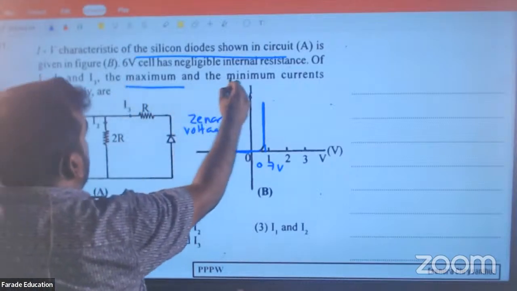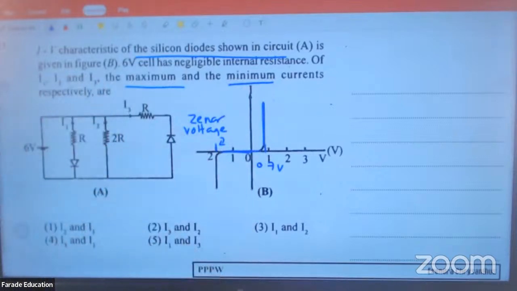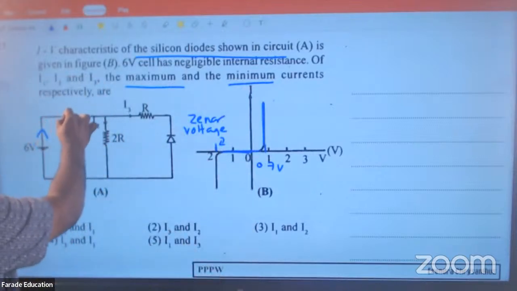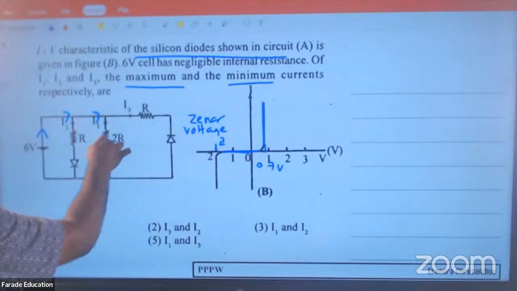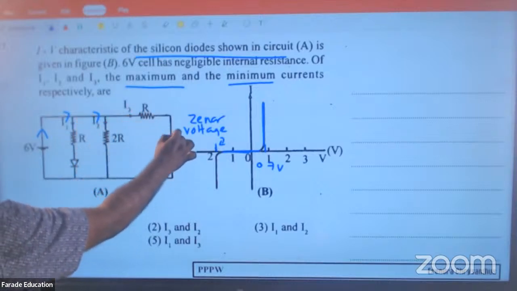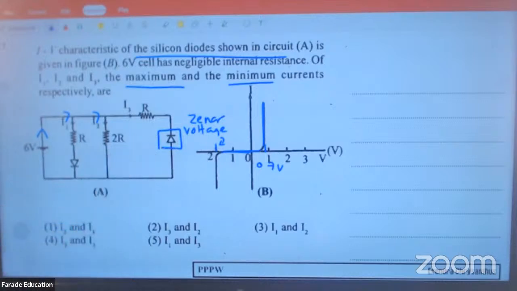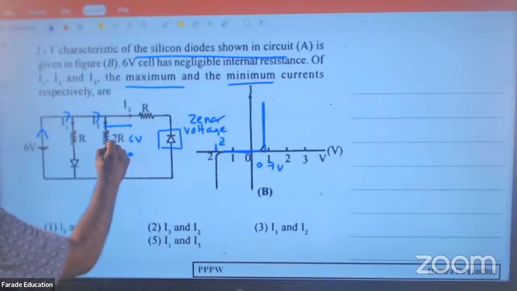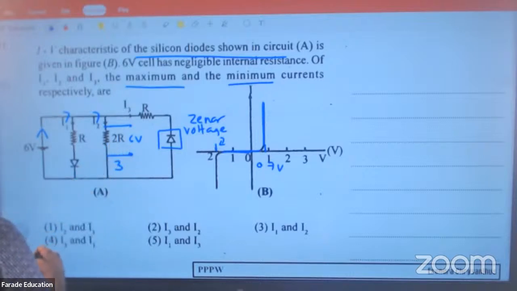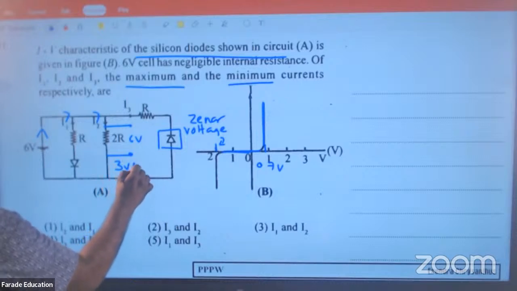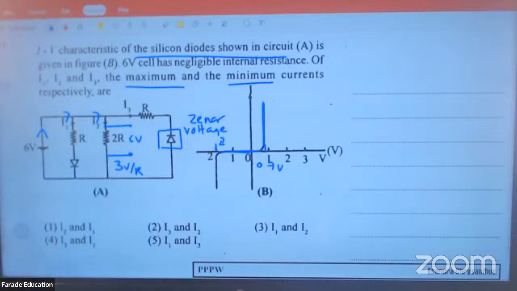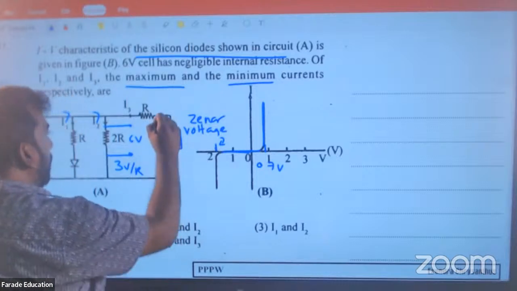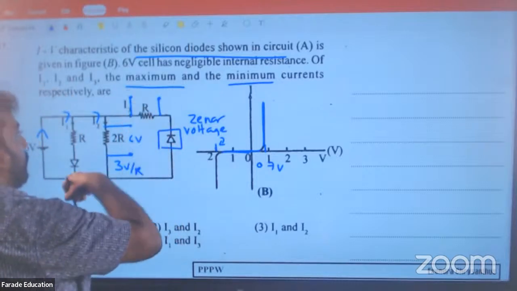The maximum and the minimum currents in the circuit are asked. So current will pass through this. Here reverse bias is there. Think carefully and work. Here 6 volt, here 2R. Here also 6 volt. 6 volt divided by 2R is 3V over R. What's the voltage here?